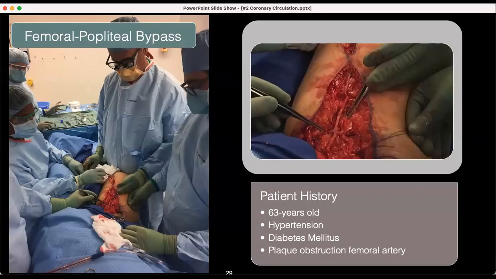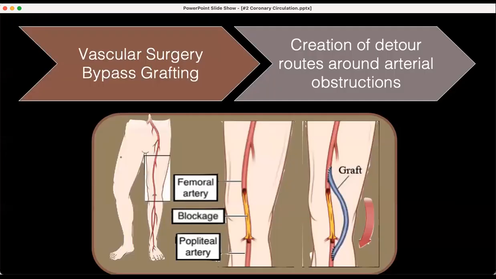The next was the femoral bypass. So this is a 63-year-old with high blood pressure, diabetes, and plaque that's formed an obstruction in the femoral artery. So this is the thigh that's open, and this is a graphic depiction of the blockage and the creation of detour routes, so a graft gets placed.